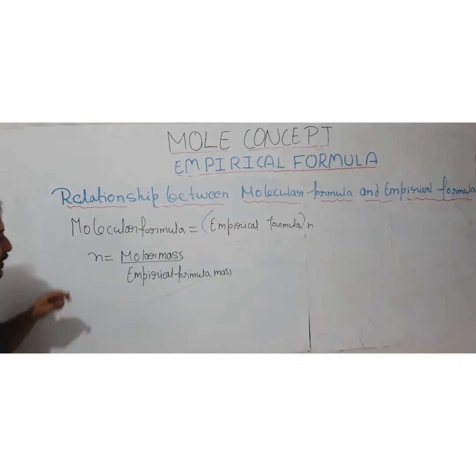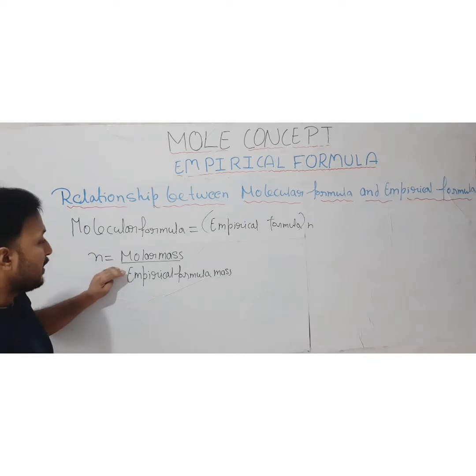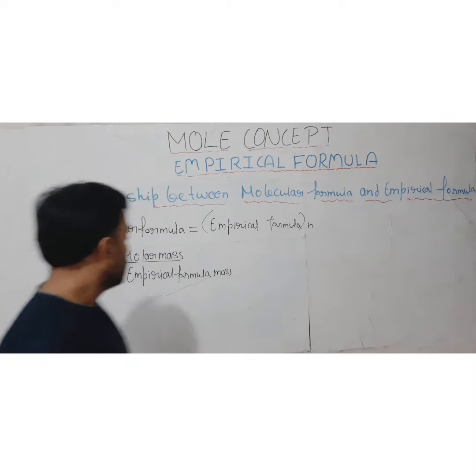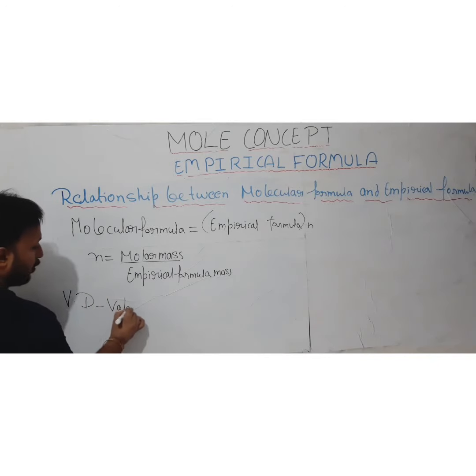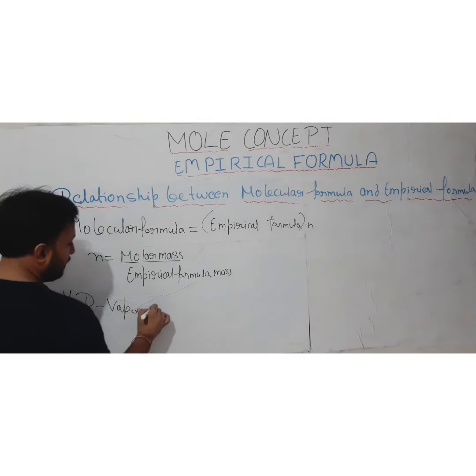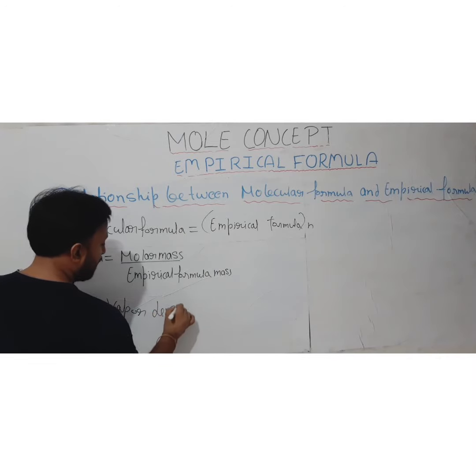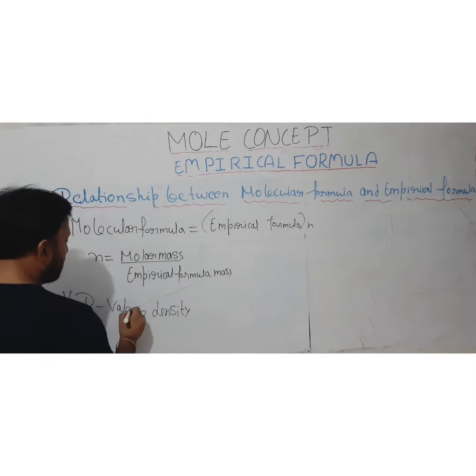Now sometimes this molar mass may not be provided directly. Sometimes it is provided directly and sometimes they may not give it to you. So sometimes in place of the molar mass they give you V.D., basically vapor density. Now what is the meaning of this vapor density?